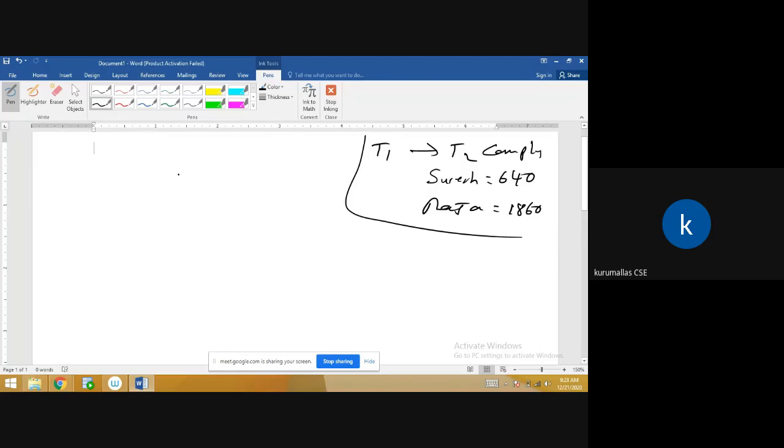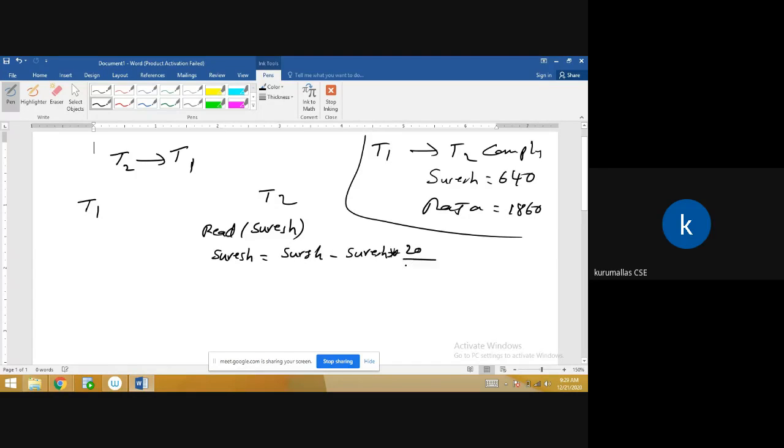the transaction T2 first, and after that T1 next, what will happen? So this is T1 and this is T2. In T2, you apply read of Suresh, then Suresh equals Suresh minus 20 percent.